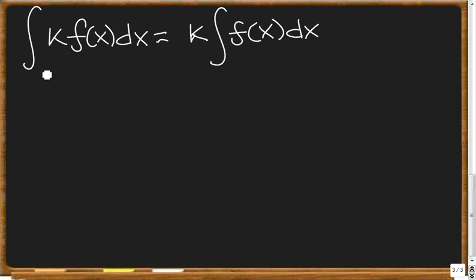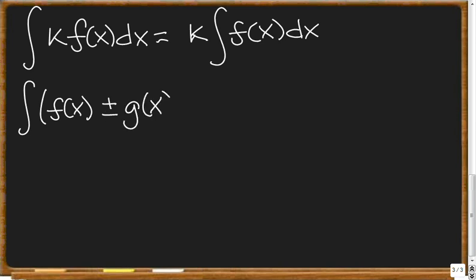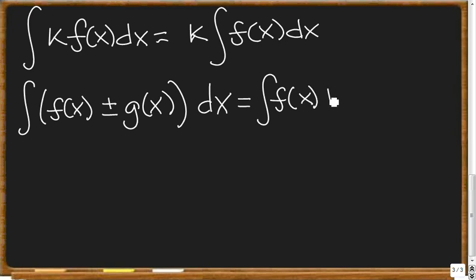Next rule is the sum rule. It says that if we take the integral of two functions added or subtracted together, what we're going to get is each individual function added or subtracted from each other after being integrated.